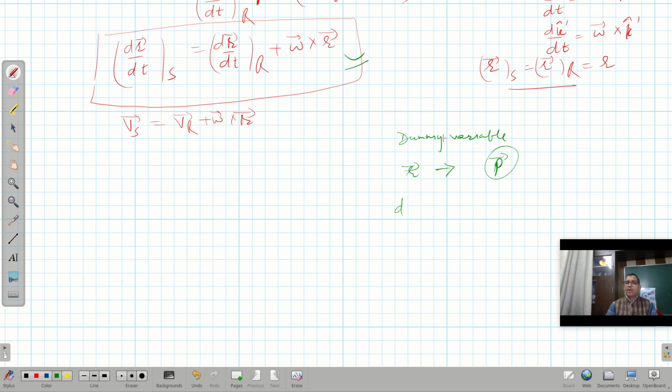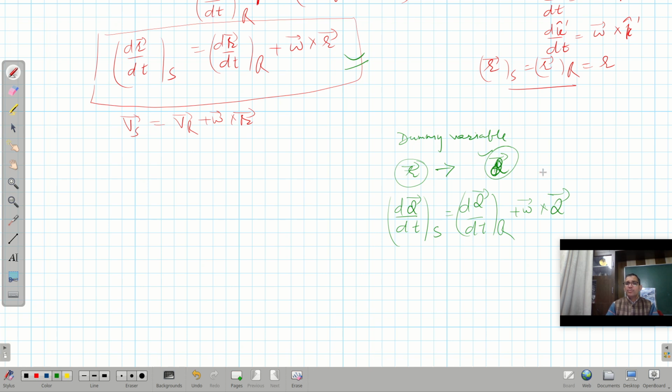Or rather than p, let us call it a q vector. So in place of r, if I put a q vector, then this relationship can be written like this: dq over dt in one frame of reference is equal to dq over dt in another frame of reference plus omega cross q, and q is any vector.